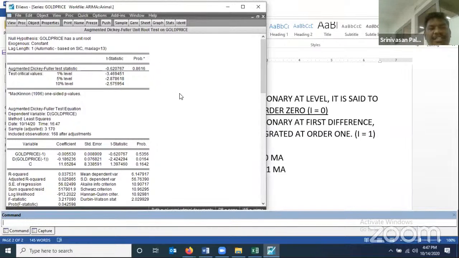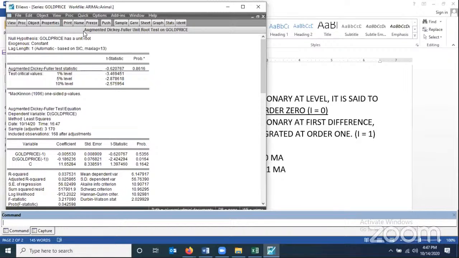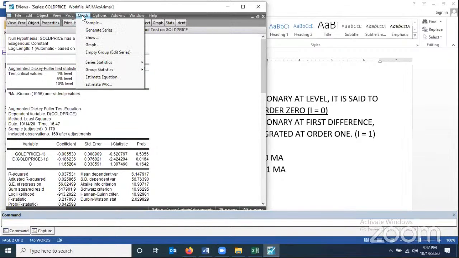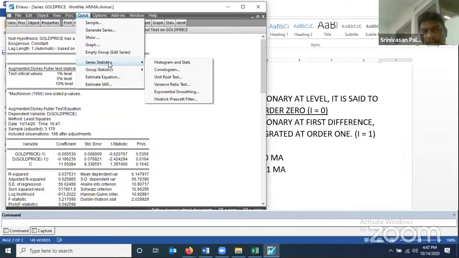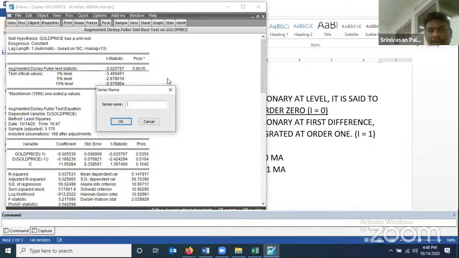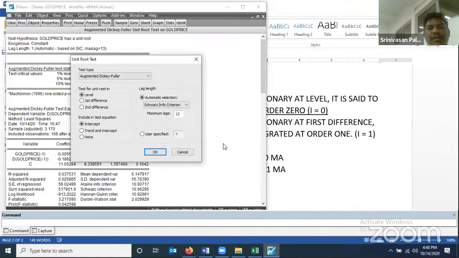This is the ADF test. You know what the ADF test is? Augmented Dickey-Fuller. Sir, can you show the last step? Go to Quick, again, repeating. Go to Quick, Unit Root Test. Type gold price, that is our time series variable. Click OK.